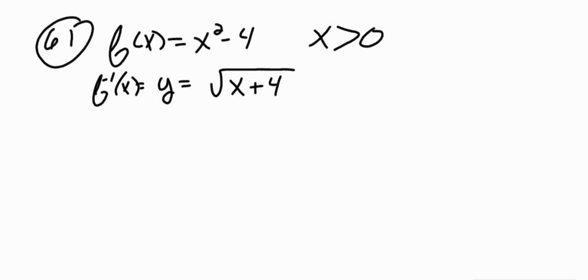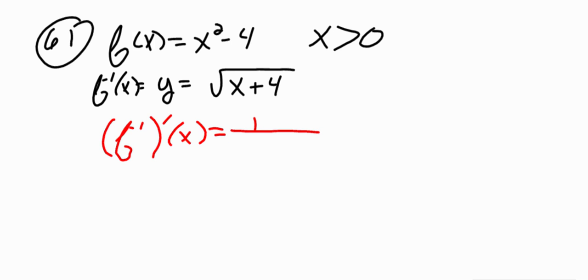And then finding this one's derivative. There's times when finding the derivative of a function's inverse is easier when I do 1 over the derivative of the function, and there's times when I may want to go ahead and find the inverse first and then take its derivative.